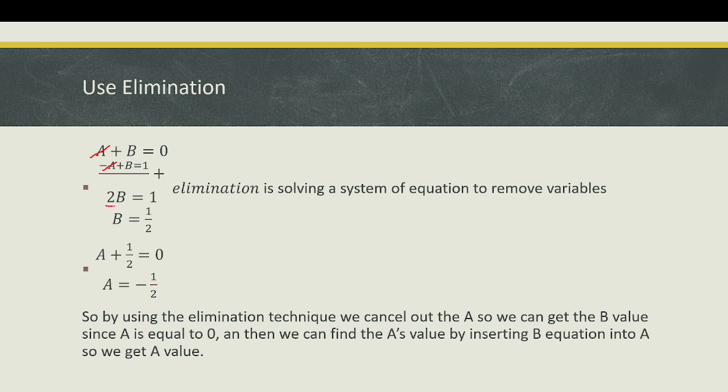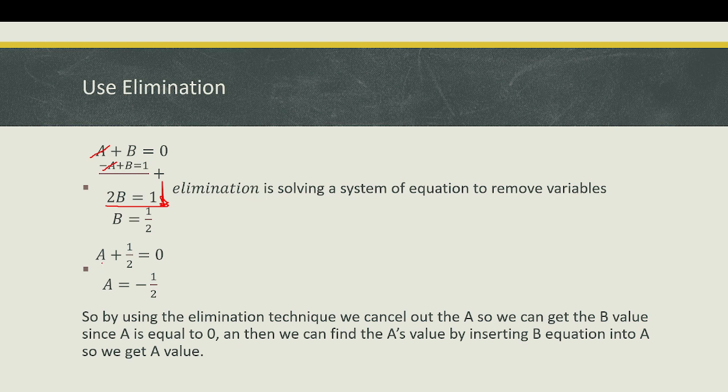Because we move this 2 over. So we get b is equal to 1 over 2. So we already found the b value. The next step is to find the a value, that's easy.